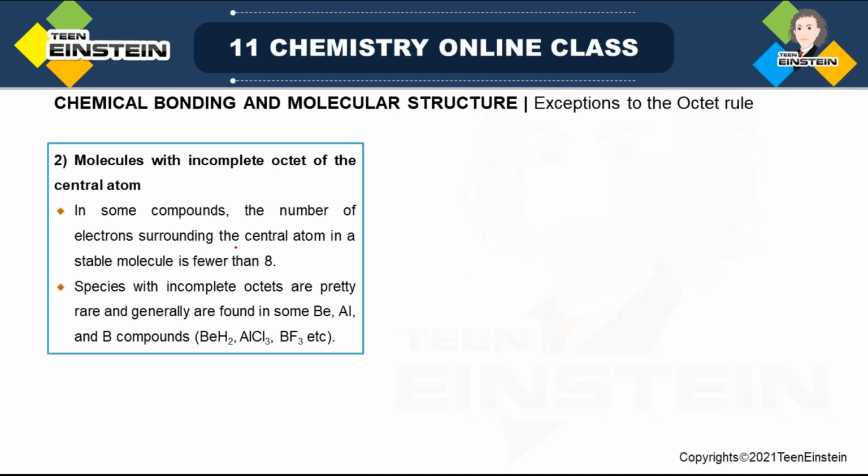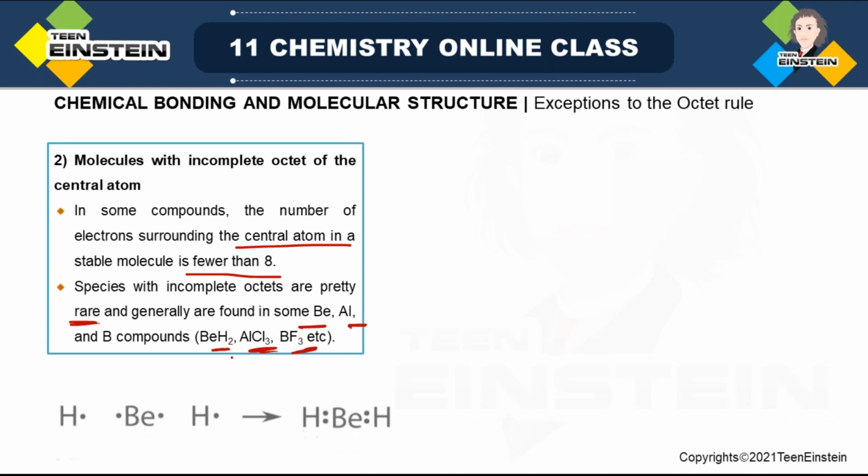Here the number of electrons surrounding the central atom is less than 8. Species with incomplete octets are rare. Only for these elements can you find these examples. You can see the molecules BeH2, beryllium hydride, aluminium chloride and BF3.